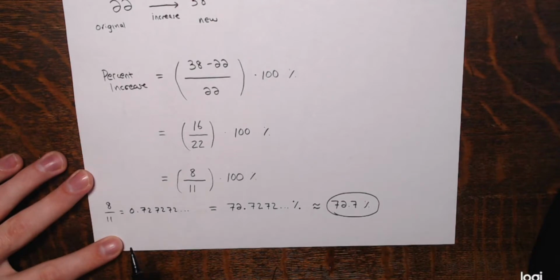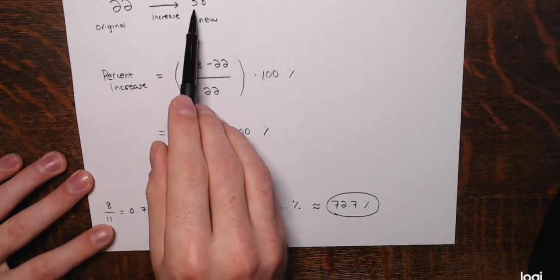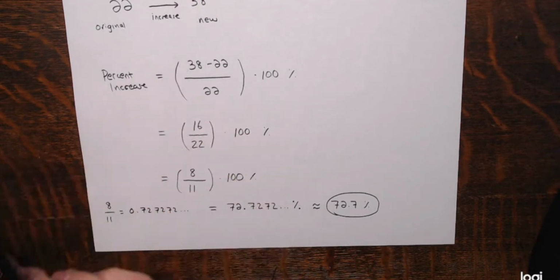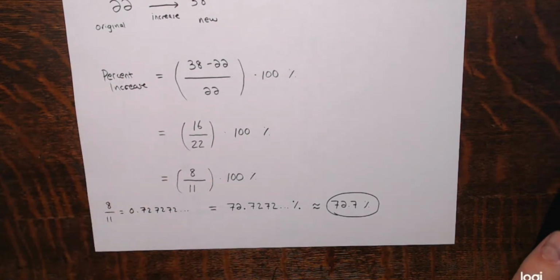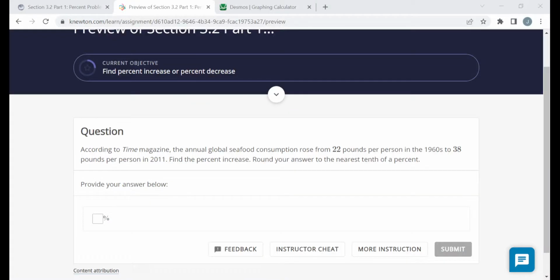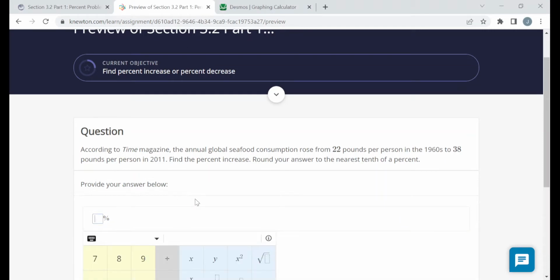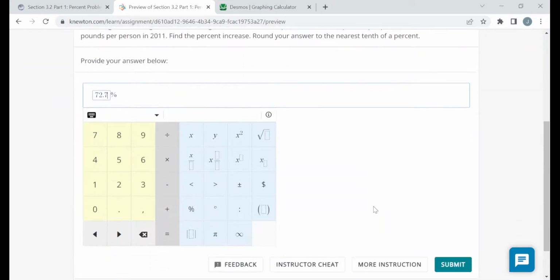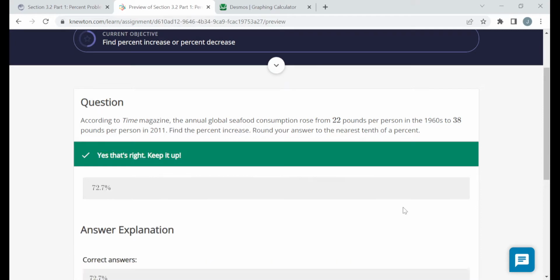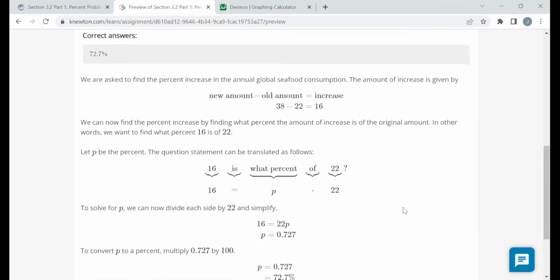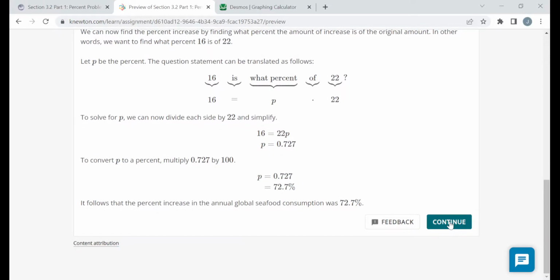A change of 16. 16 is 72.7% of the original amount, is 72.7% of 22. So you have a 72.7% increase in annual seafood consumption, according to Time magazine. And they already have the percent symbol there, so I'm just putting the number 72.7. And there we go. All right. Next.